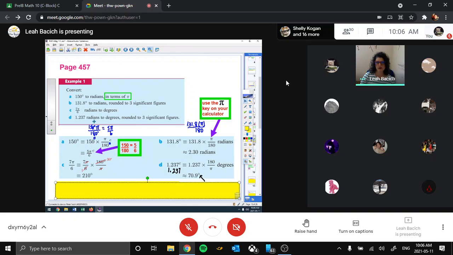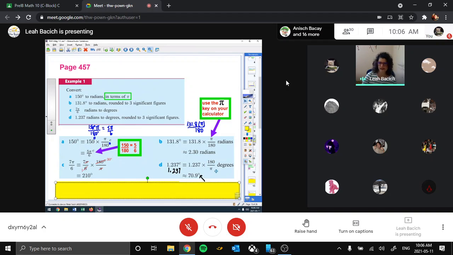And D, we're going from radians to degrees, but the difference is this is approximate radians. So you're going to see something special happening with 150 degrees and 7 pi over 6 when we start talking about our unit circle. Okay? So to change this one up, we're going to multiply also by 180 over pi.